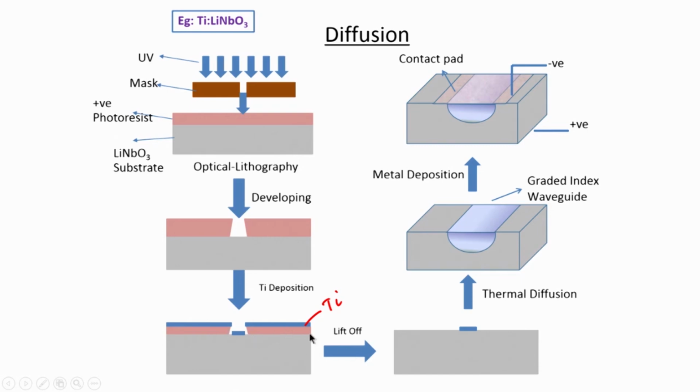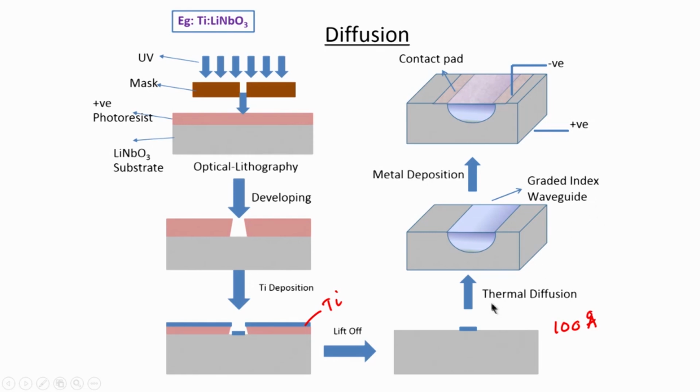After that, the process is called lift off: all this photoresist and the unwanted titanium film can be removed, resulting in a small titanium film on the lithium niobate substrate, of the order of a few hundred angstroms.